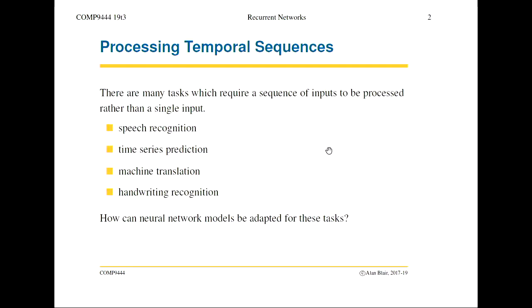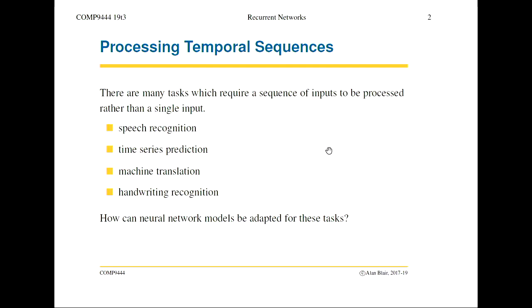So there are many tasks. If you think about what we've done so far, you've just been given a single instance and then you have to give an output. The stuff we were doing last week about image processing is very impressive. You can give it an image and it'll tell you which category the image falls into, but it only processes one image at a time.